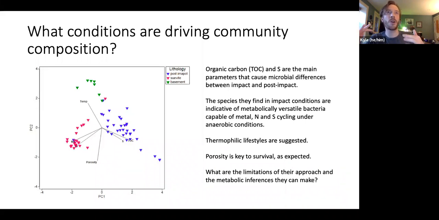But organic carbon has to be made somewhere to fuel life, whether you're making it yourself or you're getting it from something else. Obviously, there's no photosynthesis down here, so something has to be making that carbon or recycling it and then delivering it to these microbes to use.